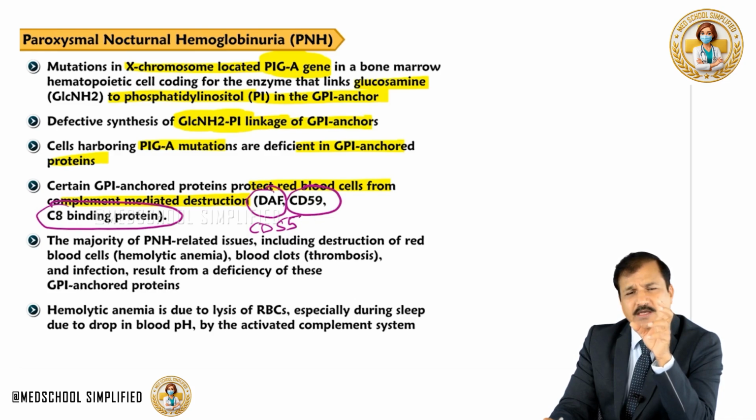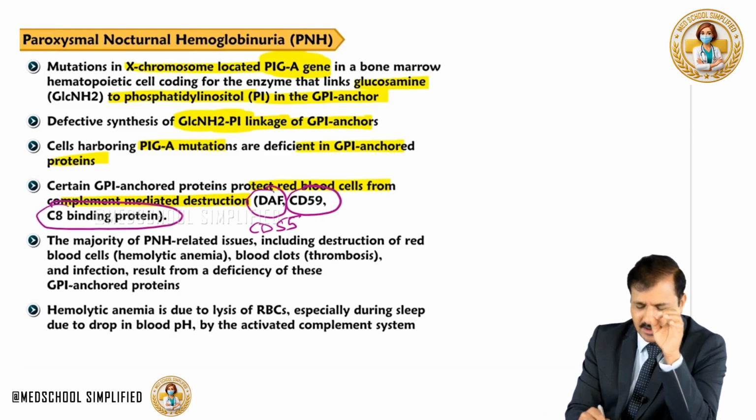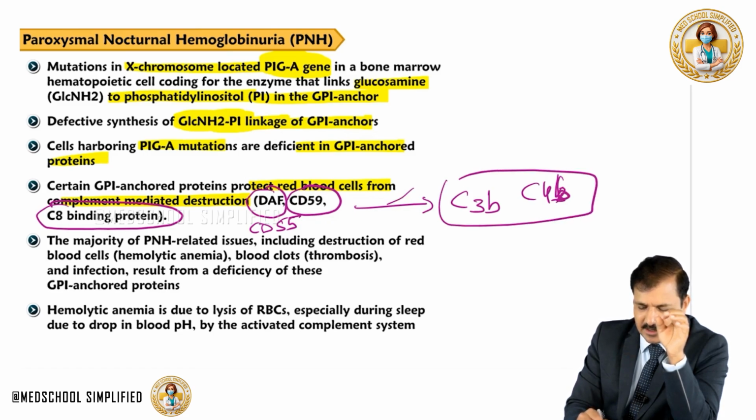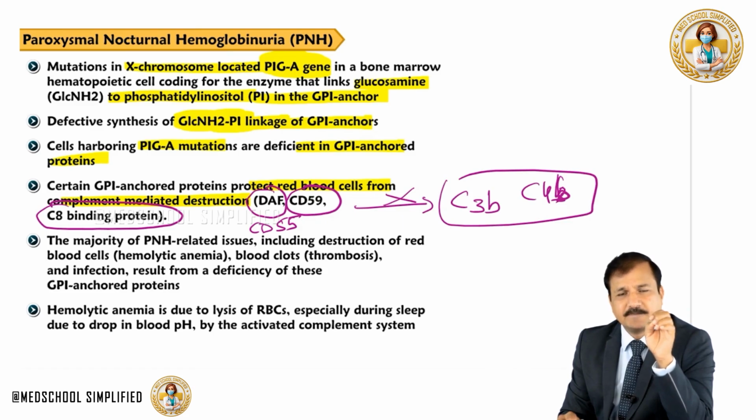So DAF, CD59 and C8 binding protein, what they will do is, they are all going to interact with C3b and C4b complements, and C3b and C4b complements are not allowed to be activated.